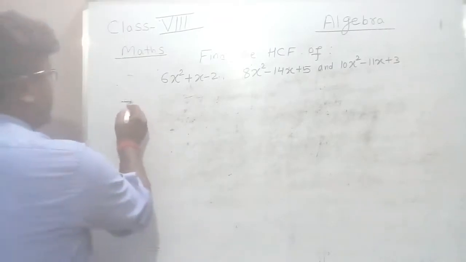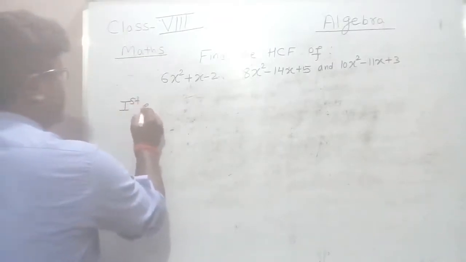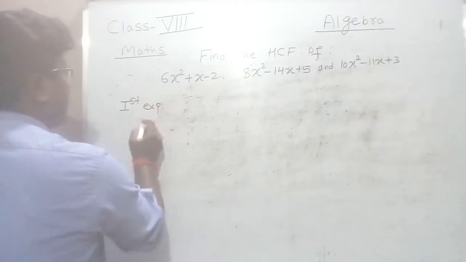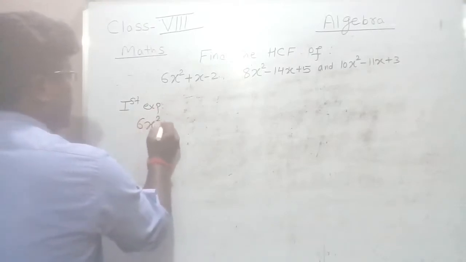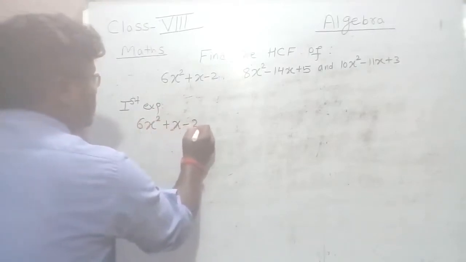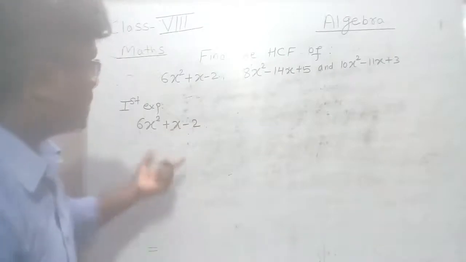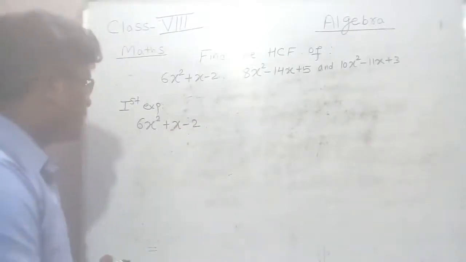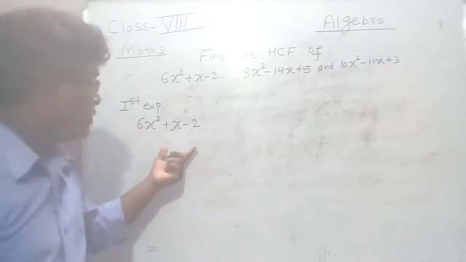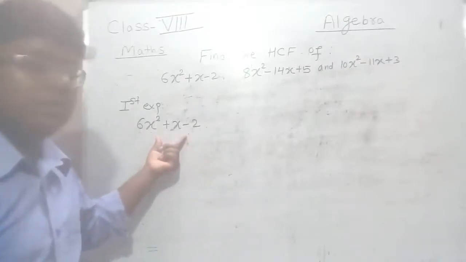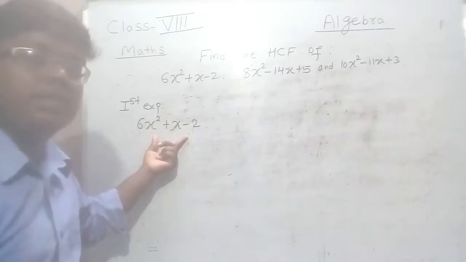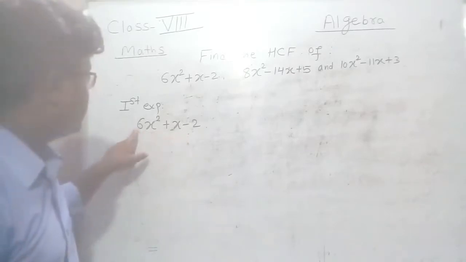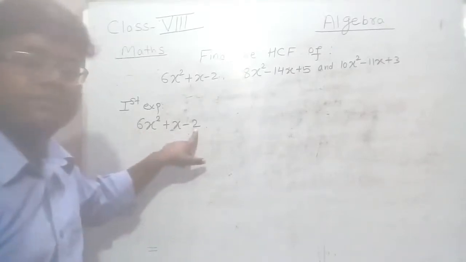expression. Your first expression is 6x square plus x minus 2. This type of factorization we have already done in our previous classes, so let's do this question also. For this we have to multiply the coefficient of x square and the constant term.